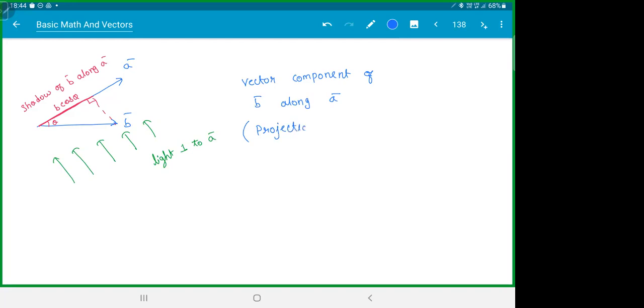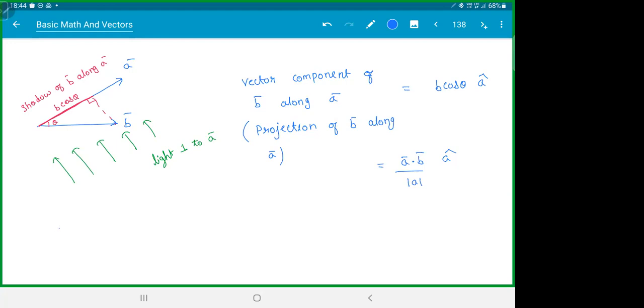So basically A becomes B and B becomes A. This becomes B cos theta, and the direction is A cap. So this can be written as A bar dot B bar by mod A, into A cap.